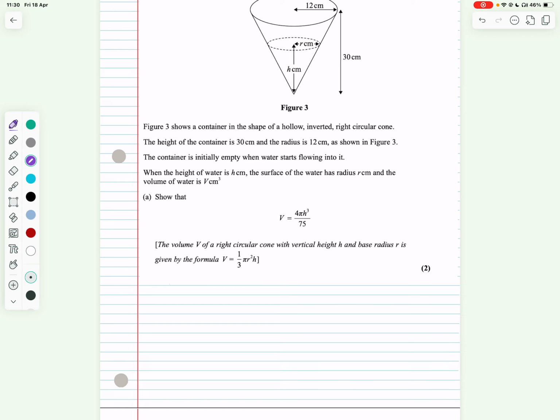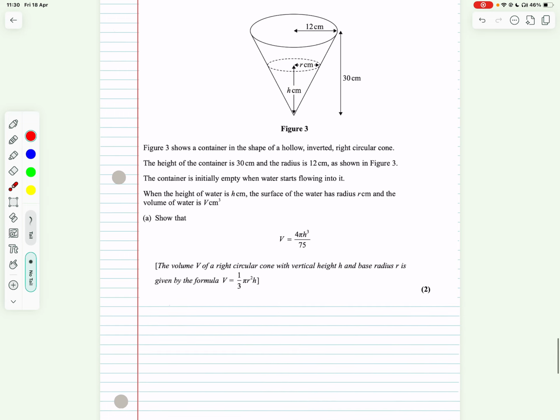And the second, to show this, we are going to use the topic of similarity. We don't actually do similarity at AS level, but we have done this in IGCSE. So you're going to be using the knowledge you gained in IGCSE and then AS, and you put them all together in A level, like Pure Mathematics 4, and solve the question.